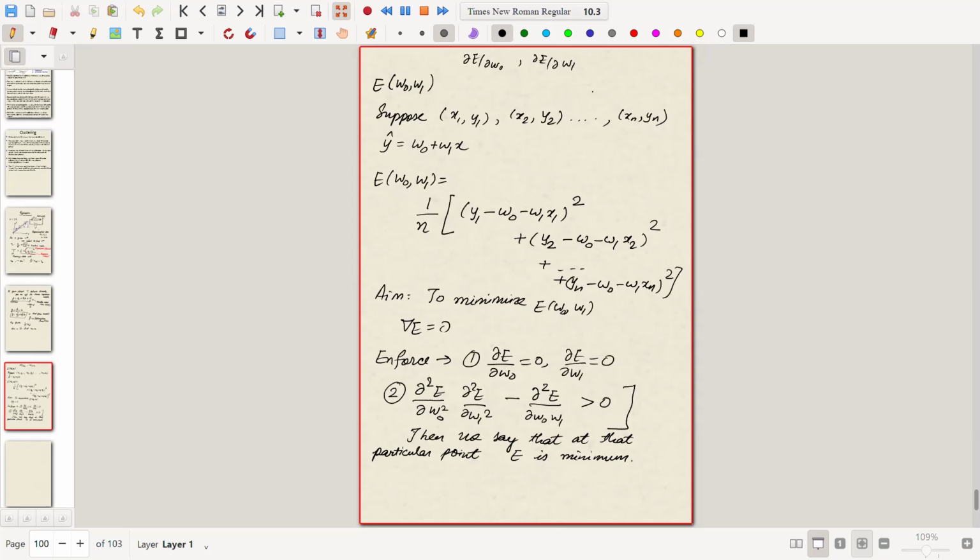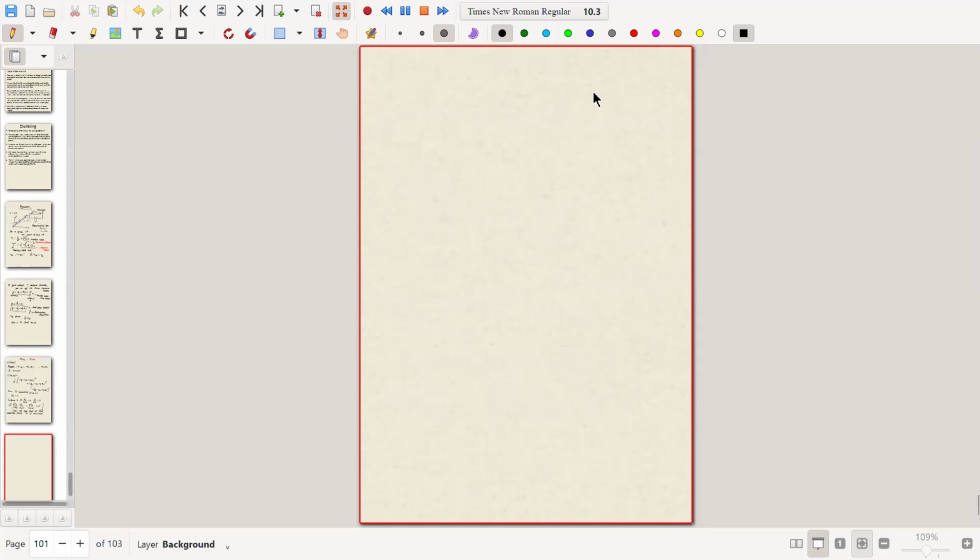Written what is the value of E, right? So that if I go to the next page, you can refer to it. Okay. You have written the expression of E(W0, W1). So I'm going to the next page. So what should we compute first?